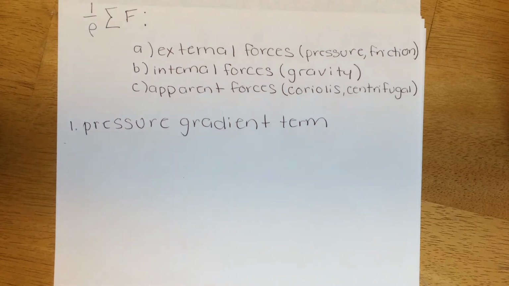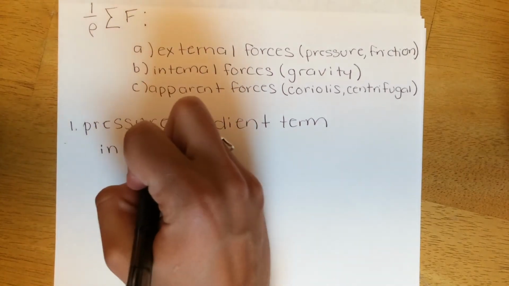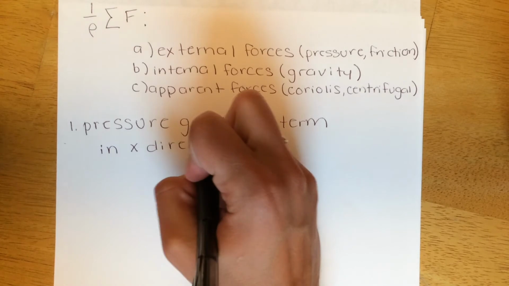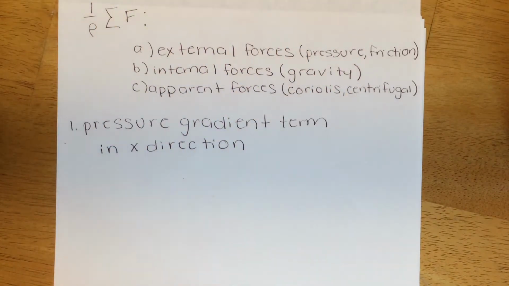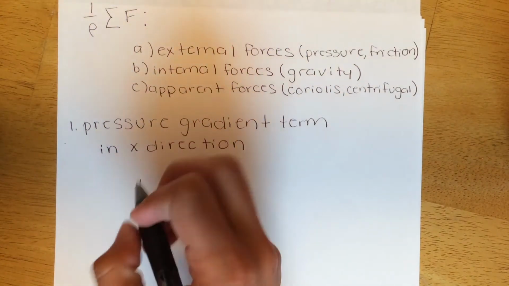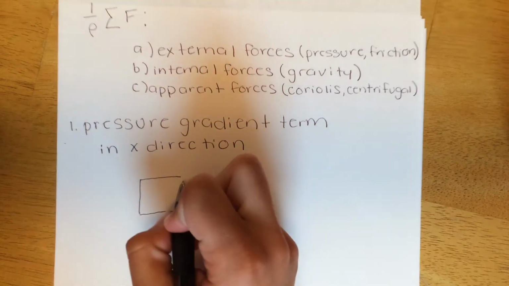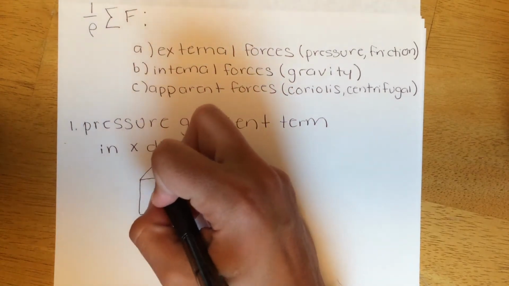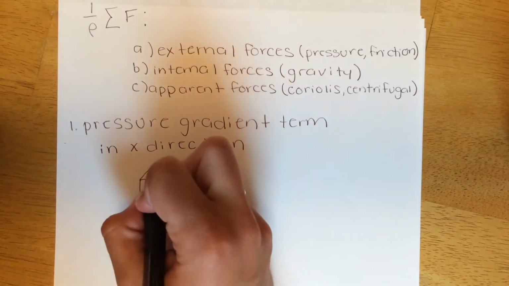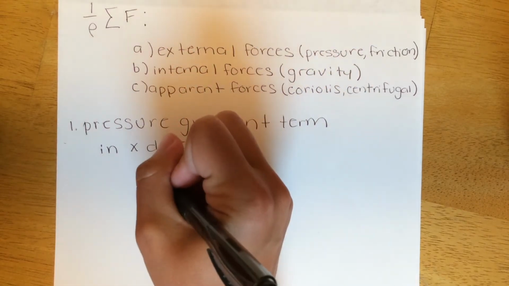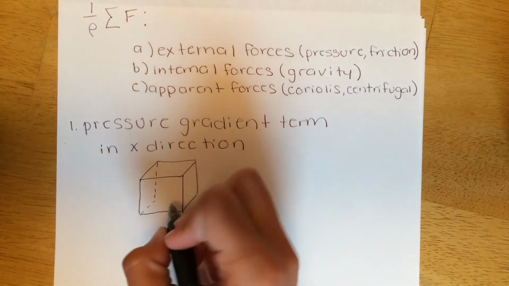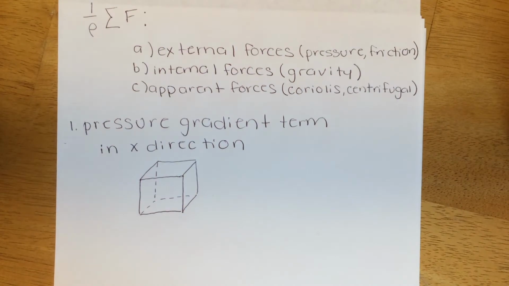Okay, first we'll focus on the pressure gradient term. As always, we'll show the example in the x direction, but the same logic applies to all directions. We have our same fluid volume, and we know that pressure is a surface force, so it acts in all directions on the fluid parcel.